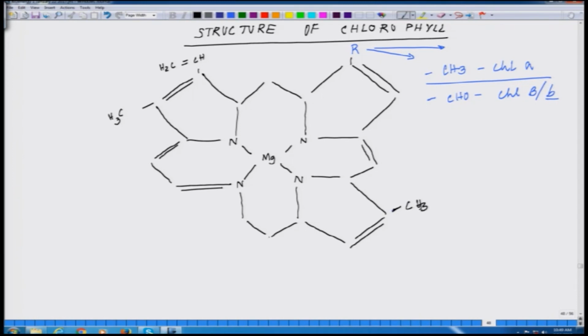Out here, another methyl group is present. At this point, you have a complex structure where you see carbon and CH3, and out here you have an oxygen attached to it.